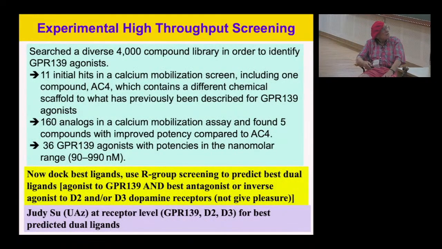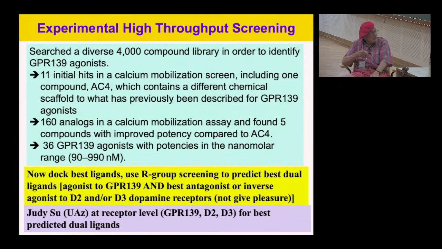Someone else did high throughput screening to find 36 agonists. We're looking now at these 36 and other ones that come out of our in silico screening to find the ones that could also block D2 or D3.